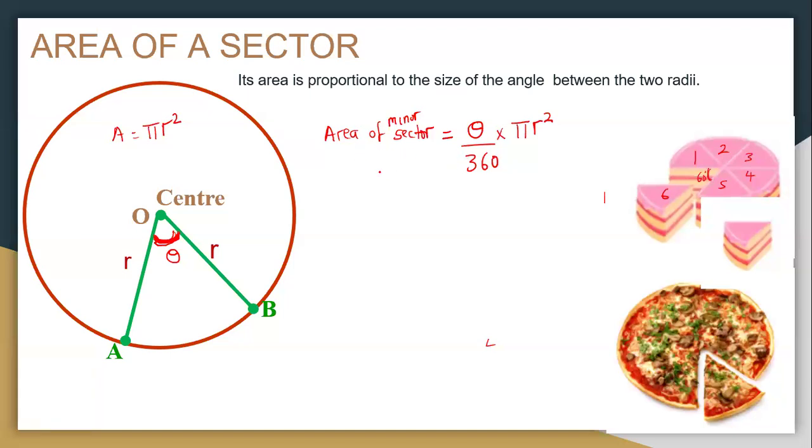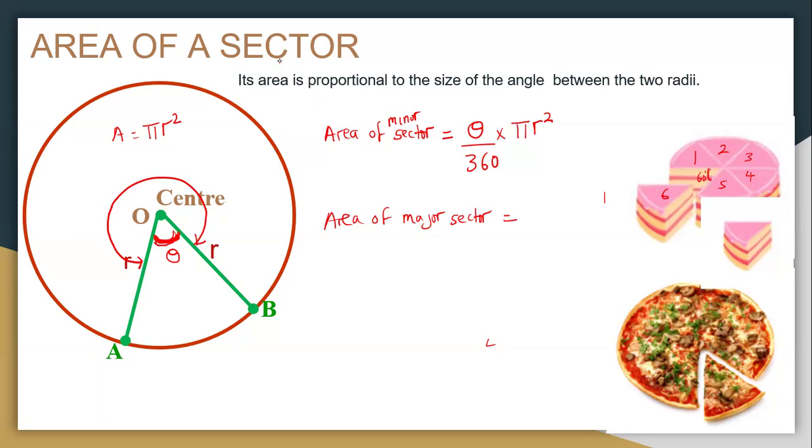In case it was for the major sector, let me say now, area of the major sector. Still, the formula remains the same. The only thing is that I want people in the chat to tell me, members, this is our major sector. What is the angle of the major sector? Remember here we have said the angle is theta. What about the major sector?